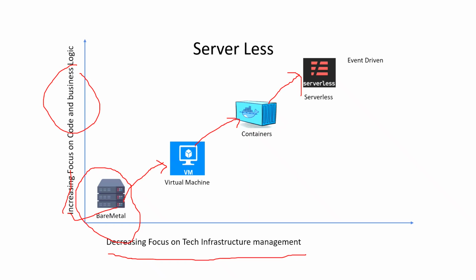In real terms, there are still servers running in the background, managing and doing all the stuff. But from a developer point of view, you are not bothered. You wrote a function and you are just trying to use an event, and you get the output. That's it. You don't bother about the management of infrastructure.